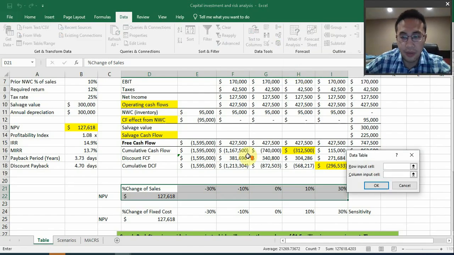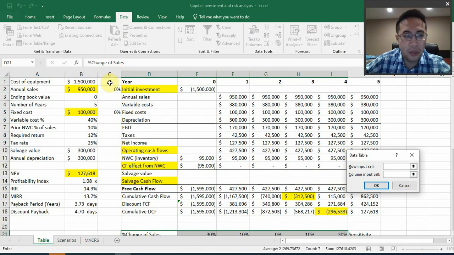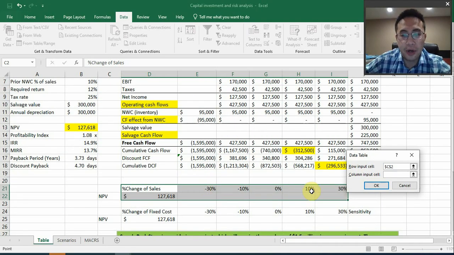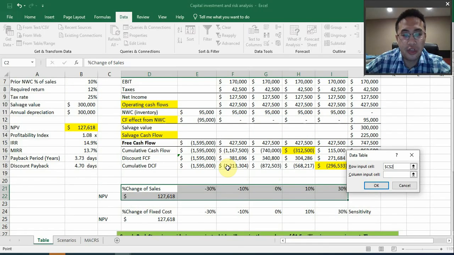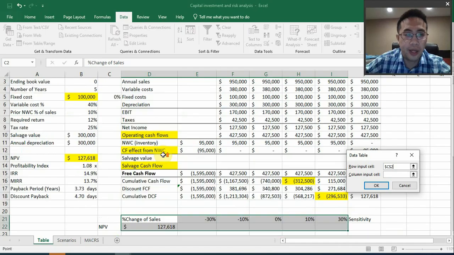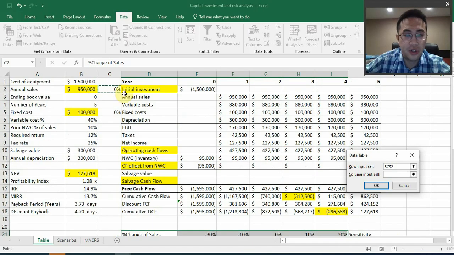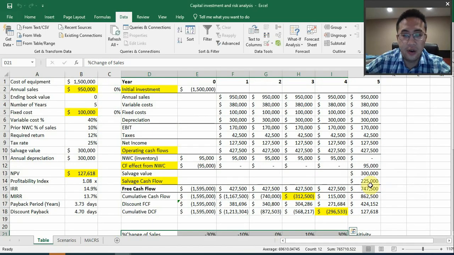And I just need to click one more time, which is 0%. It is going to be the row input cell because all these percentages are in a row, and these numbers will be used to replace 0% here. These 5 percentages are not in a column, they're in a row, and they are used to replace this 0%. So I click on that, and then I hit OK.